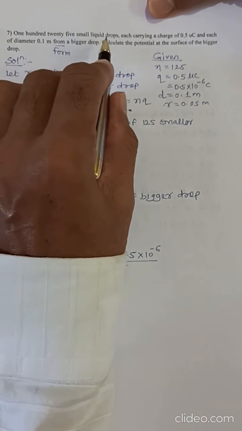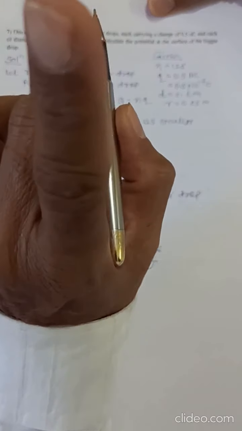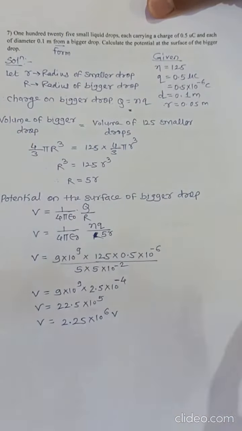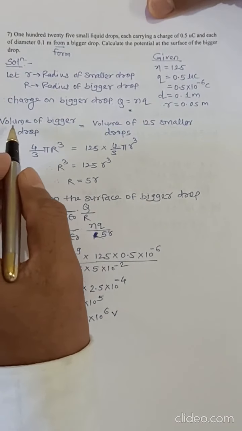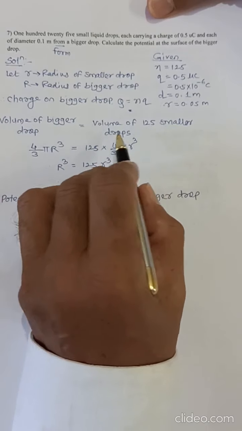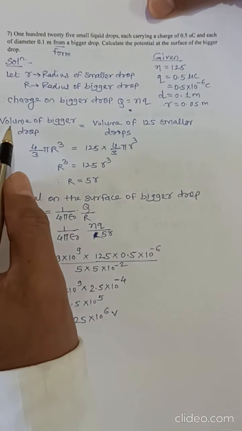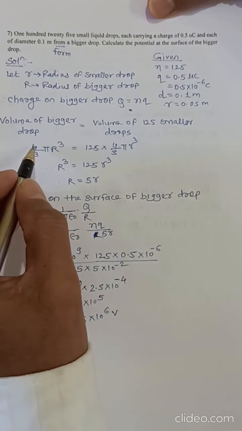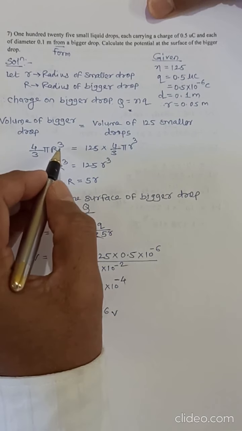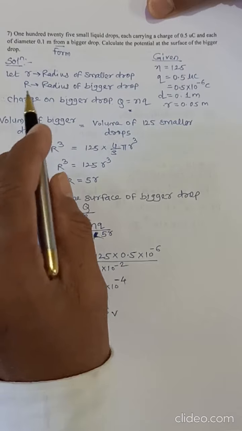125 small liquid drops form one bigger drop. It means the volume of liquid remains the same, and therefore the volume of the bigger drop is equal to the volume of 125 smaller drops. The volume of a drop, a spherical body, is 4 by 3 pi R cube, because capital R is the radius of the bigger drop.